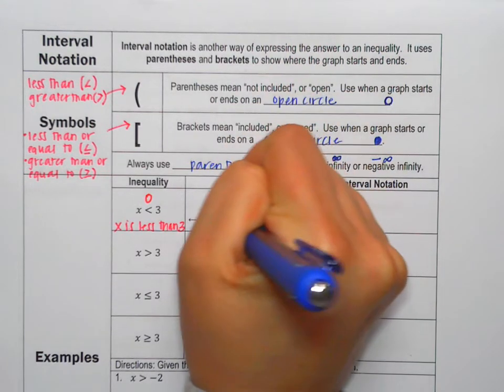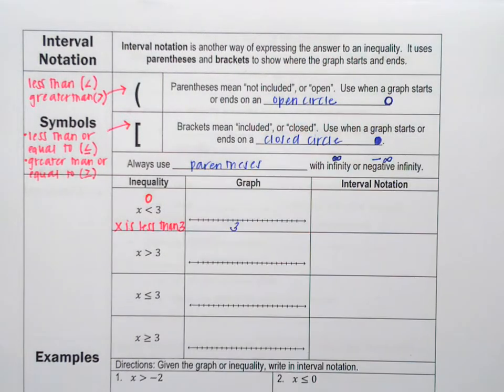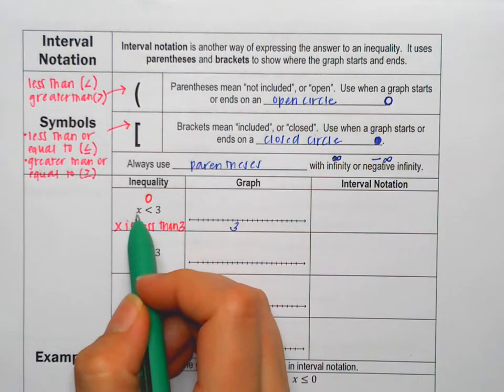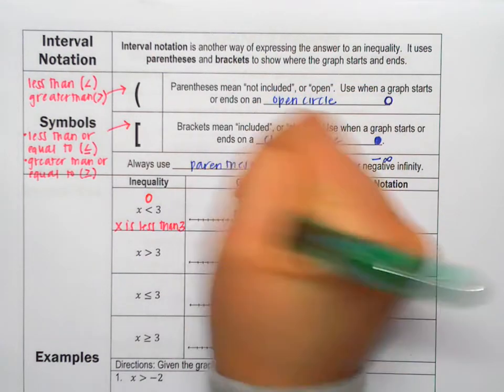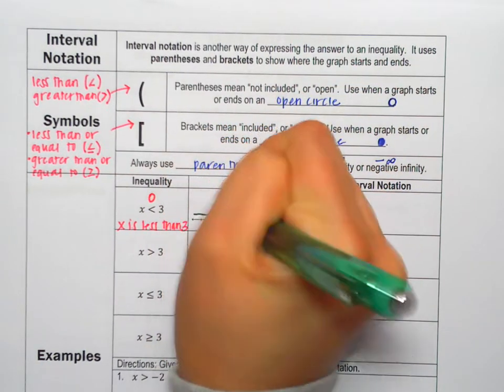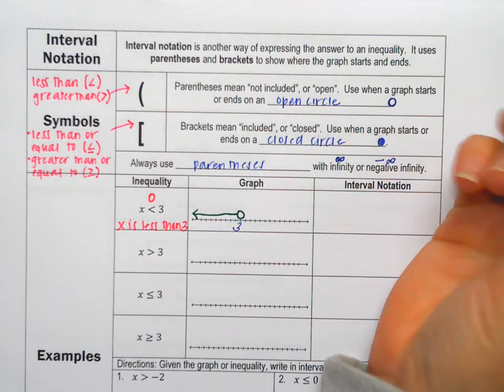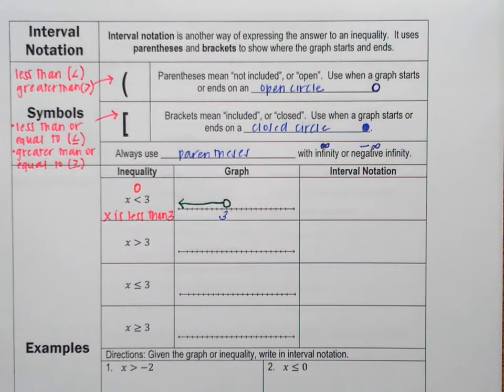You can put your 3 anywhere. And if it's less than, that means it's going in the negative direction. Now it's an open circle at 3 going in the negative direction. What does an open circle actually mean? It's saying 3 is not a solution, but every number less than 3 is.